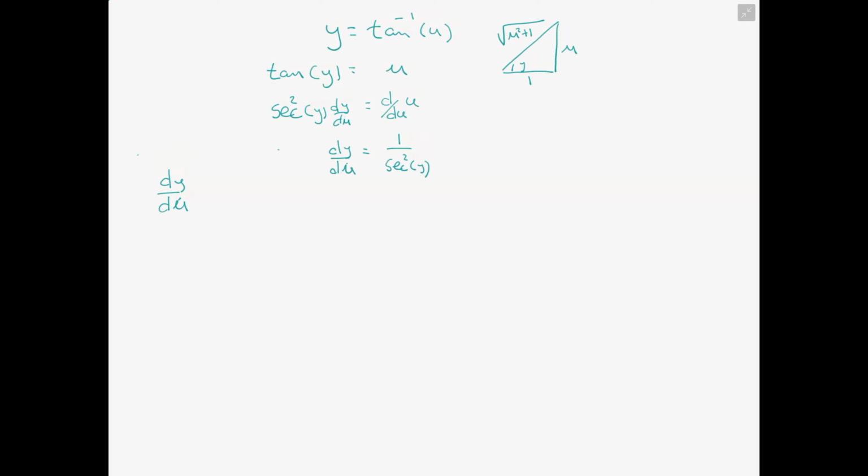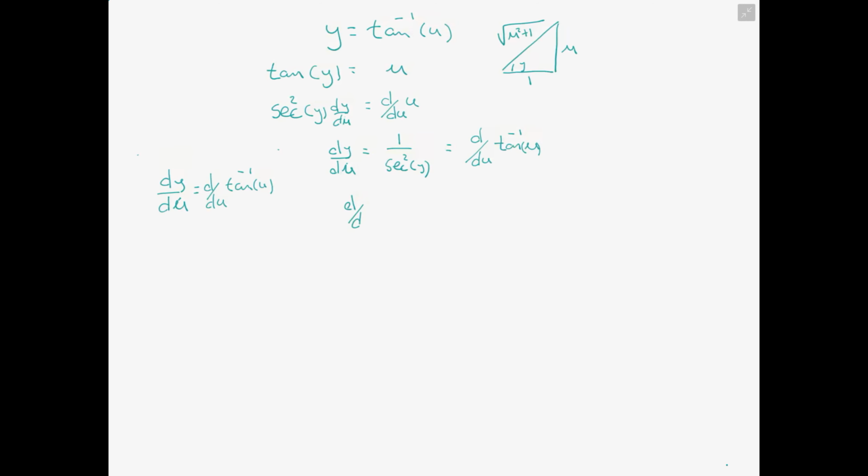This is wrong. This is u. Oops. du. So you got to be careful. All right, so dy/du is equal to the d/du of the arctangent of u.